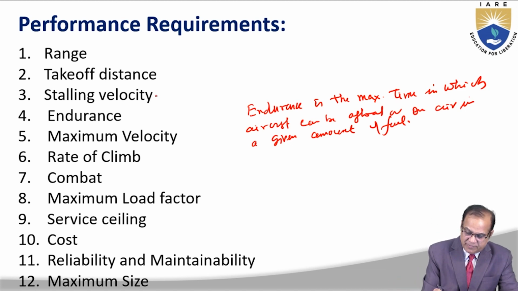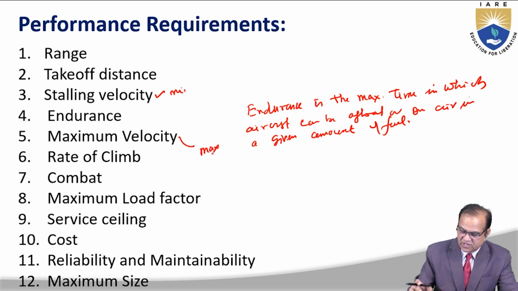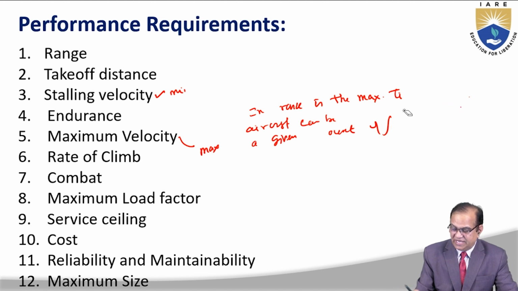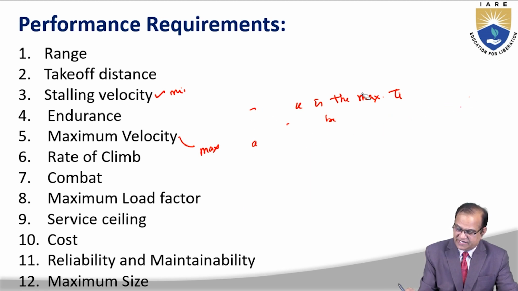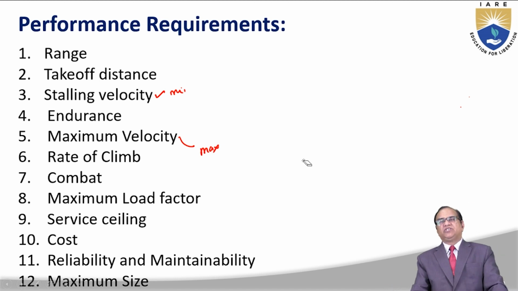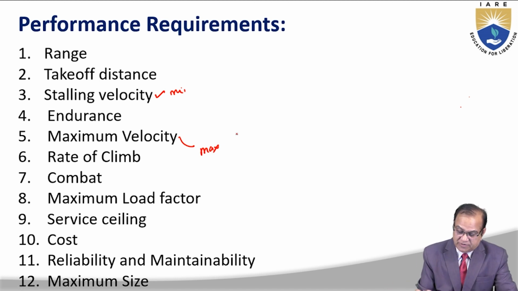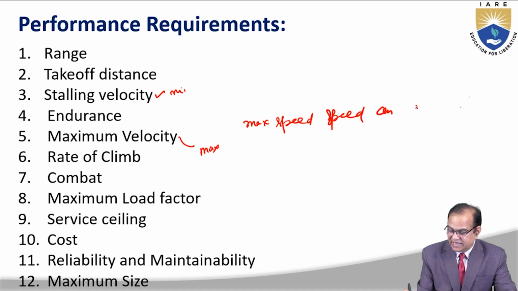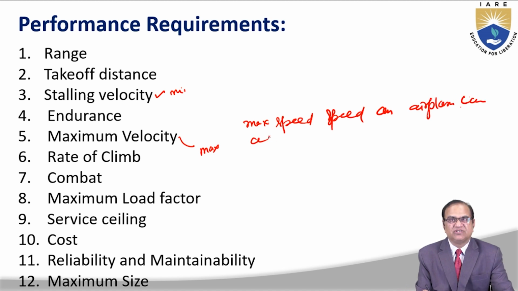So this is the minimum velocity, and there is a maximum velocity also. If we see the maximum velocity, how much speed, maximum speed, an airplane can achieve by full thrust.